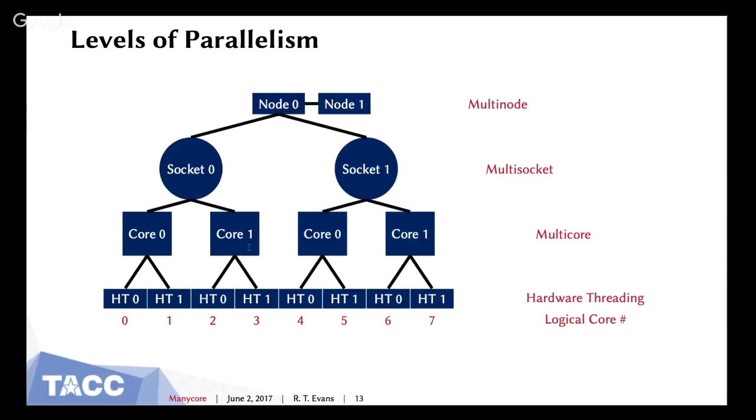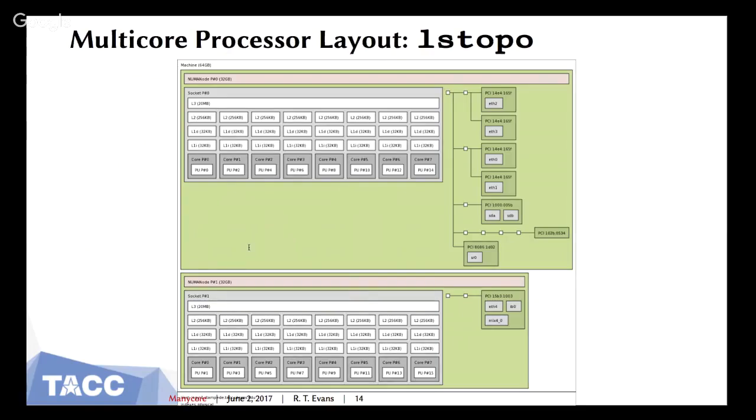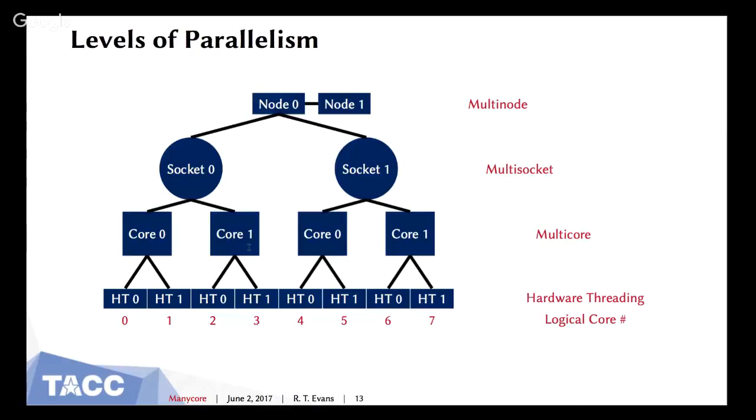At the socket, core, and hyperthread level, I may have external tools like numactl or libraries within my code to specifically assign my threads of execution to a specific core or specific hardware thread. And what I don't even mention here, which I'll get into a little bit, is vectorization, which shows up as a floating point unit on the core. That's another type of parallelism you have to optimize for.